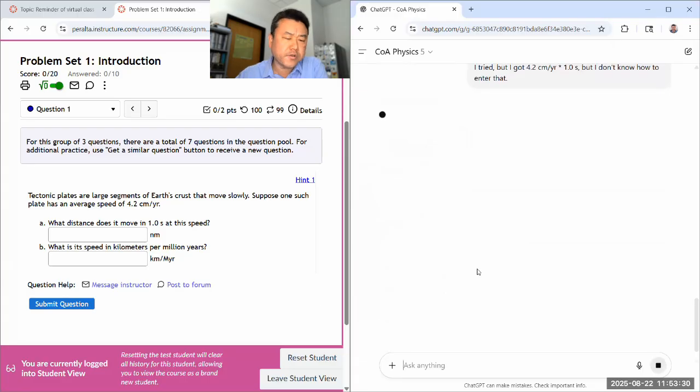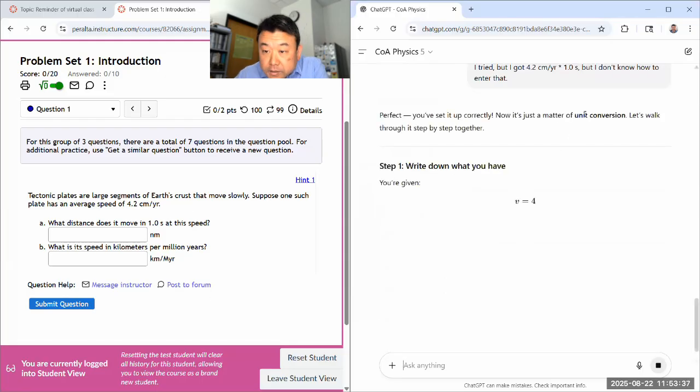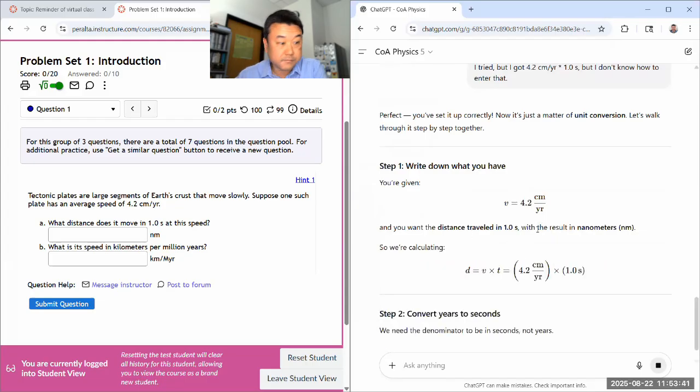And then it'll walk you through the unit conversion. So you have to convert year into seconds, so that the time units will cancel out. And yeah, so that's what I said I've done.